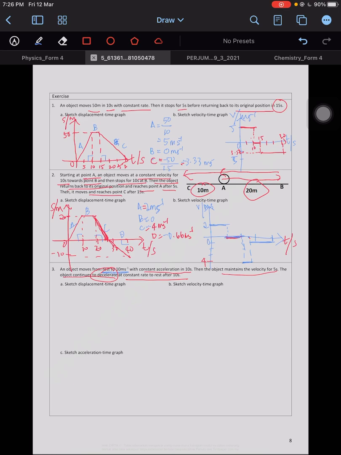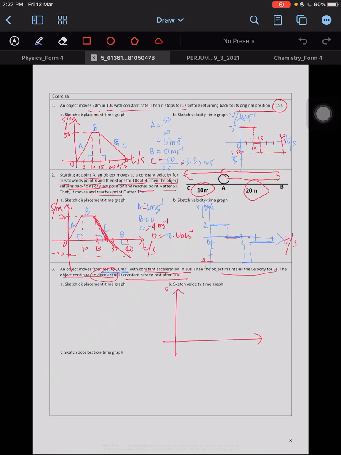Let's redo the velocity time graph first. What you have, information 10 meter per second. If a question comes like this with no idea what the distance is, then you start with the velocity first. So this is your graph.